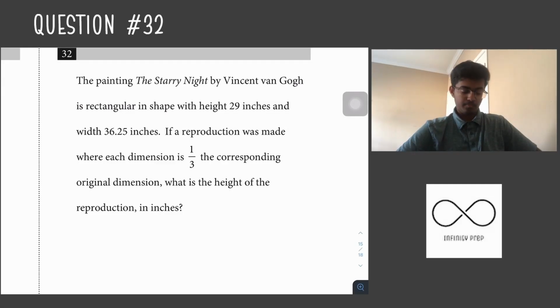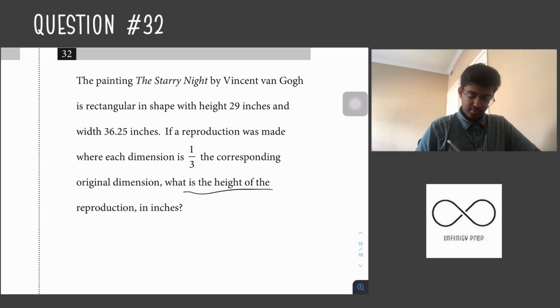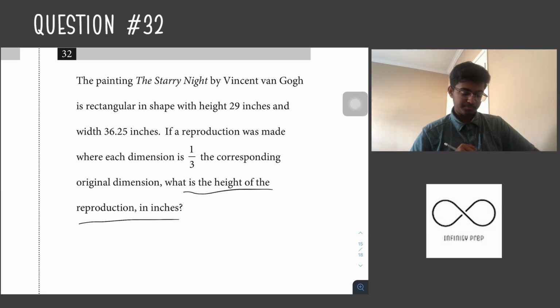Question number 32. The painting The Starry Night by Vincent van Gogh is in rectangular shape with height 29 inches and width 36.25 inches. If a reproduction was made where each dimension is 1/3 the corresponding original dimension, what is the height of the reproduction in inches? We already have the dimensions in inches, so we don't need to worry about converting.